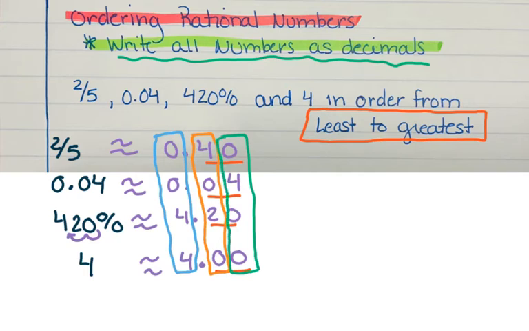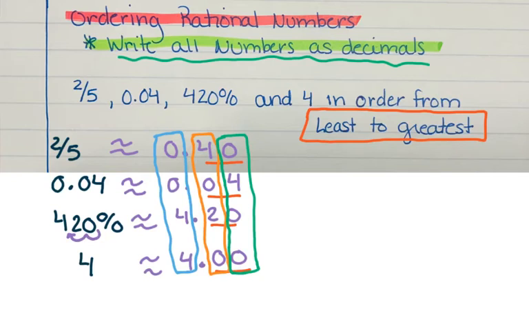Okay, so I just need to put them in order now. So I'm looking for the smallest one. So I know it's not going to be 4 and 20 hundredths or 4, because those have whole numbers. And then I notice, okay, I see a 0 here.